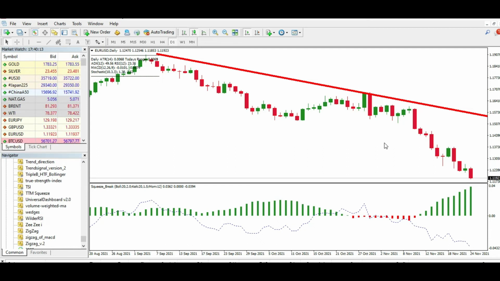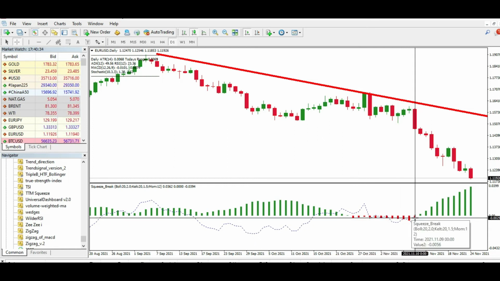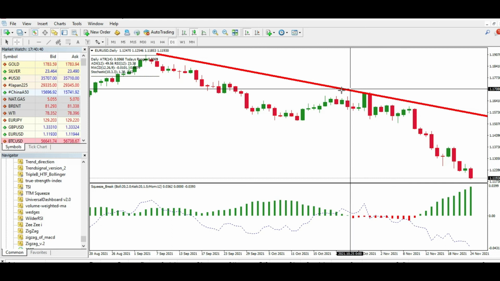But what is interesting here? When you have a downtrend, what you're looking for with this indicator is the red histogram because you want to sell. As you can see, from October 26 up to November 10, we had a huge opportunity for a sell order.